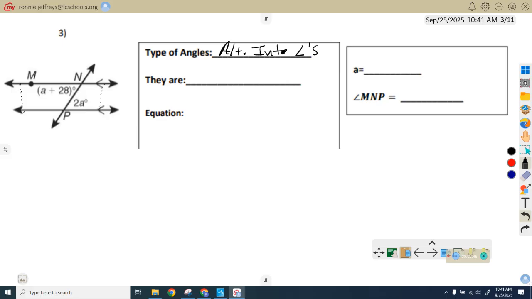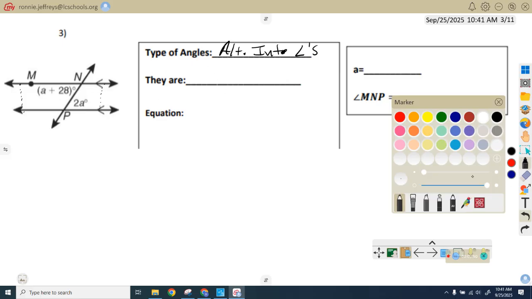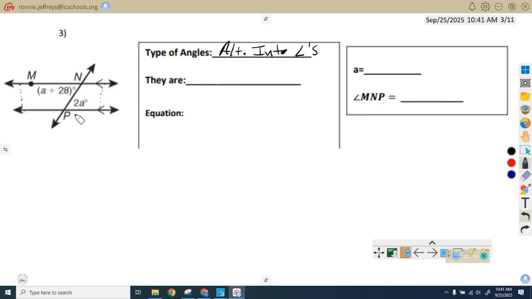So they're inside the box, and alternate means they're on opposite sides of this transversal. Okay? These are congruent. They equal each other.